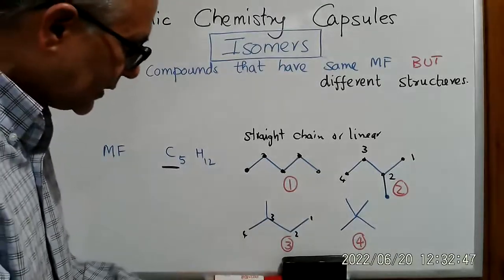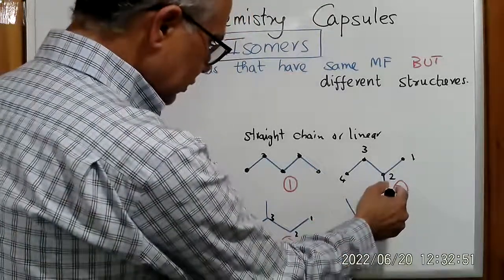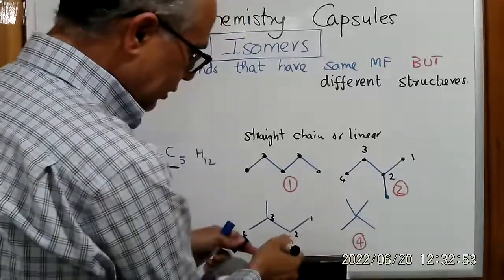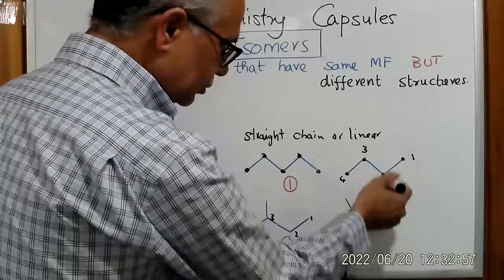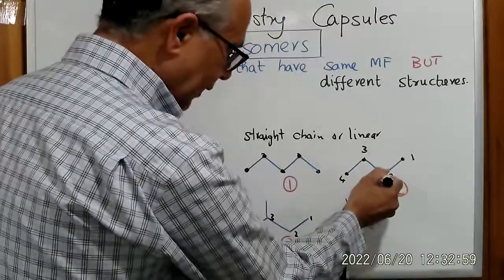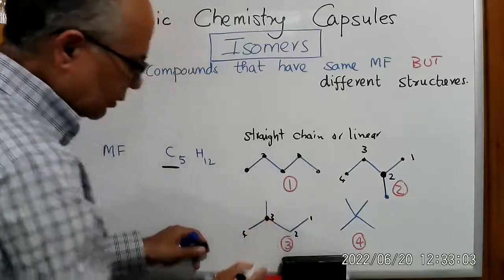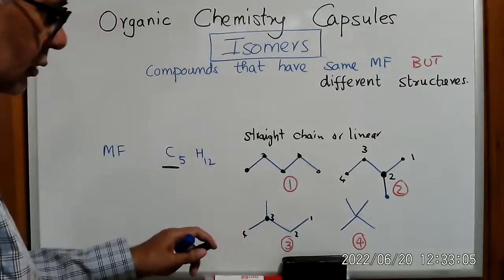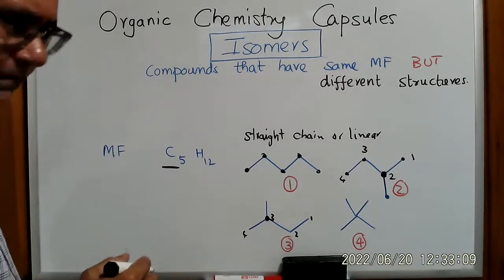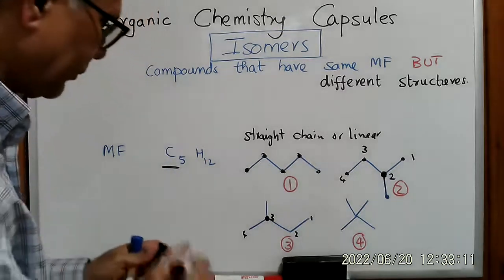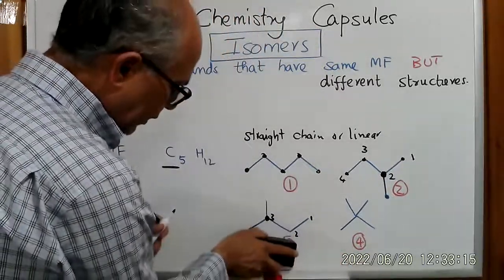You'll notice, comparing structure 2 and structure 3, in structure 2 the branch is at carbon 2, and in structure 3 the branch is at carbon 3. So are these two structures different or the same? They are the same. The reason being, we just numbered them differently.